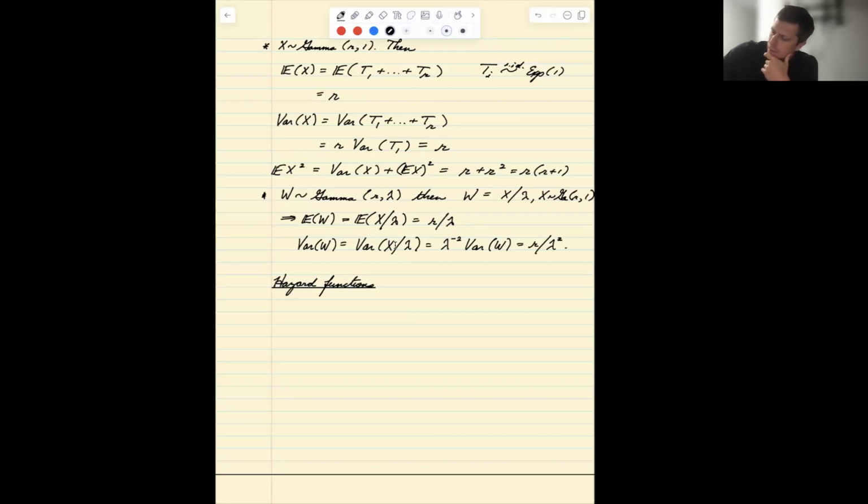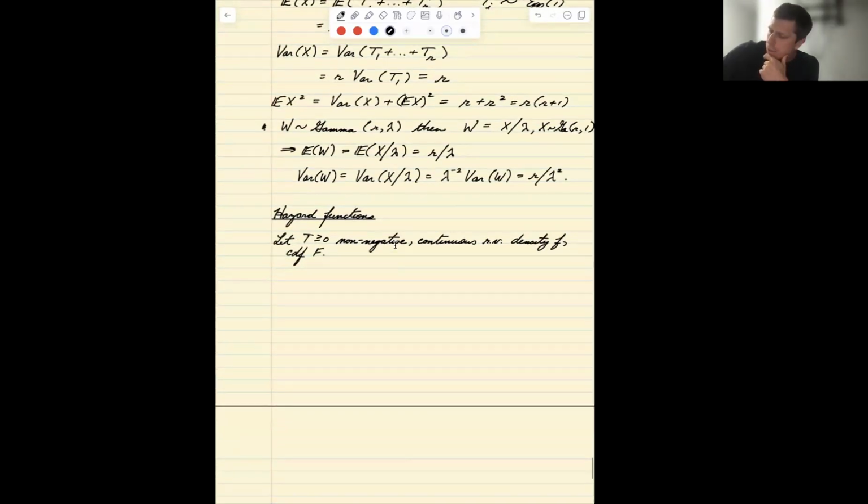So we're going to let T be a non-negative continuous random variable with a density f and a distribution function capital F. We think of T as modeling the lifetime of something.